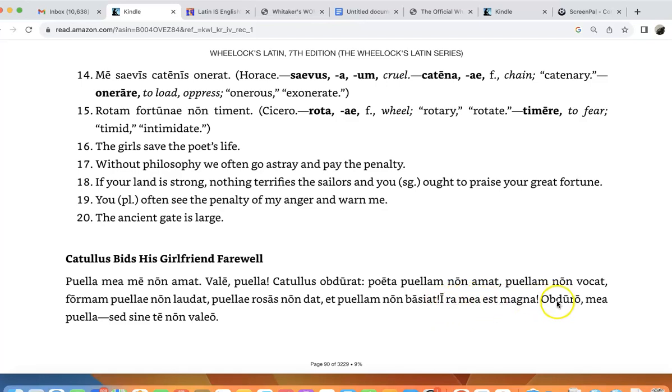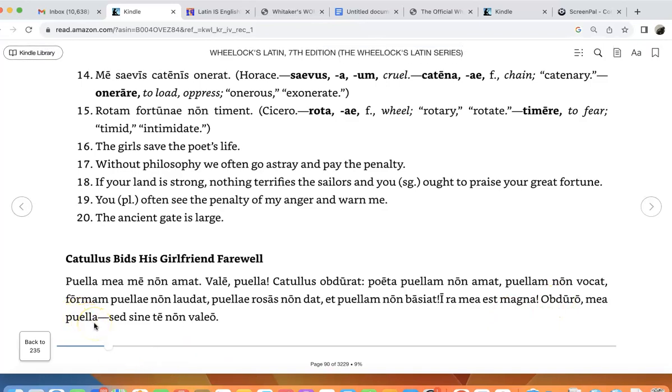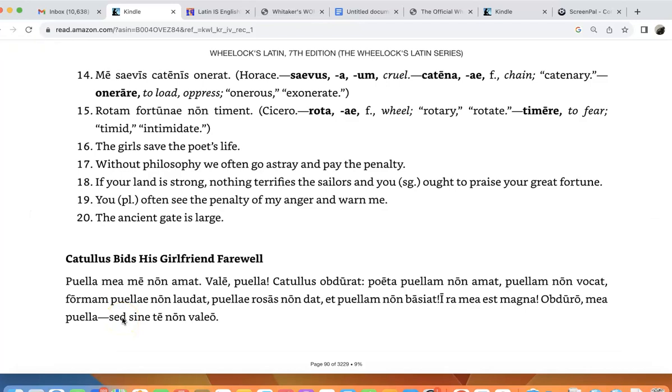I am tough, my girl. But we know there's a but coming, because emotions, the heart has reasons that the mind doesn't understand. But without you, I am not well. But without you, non valeo.